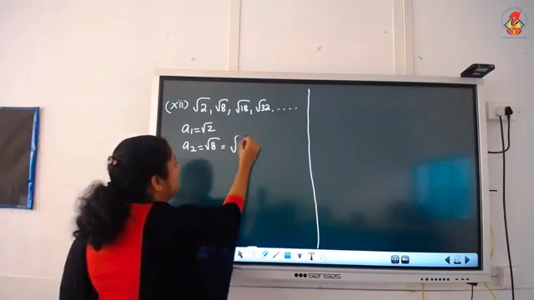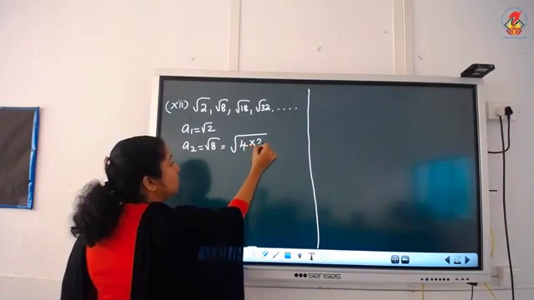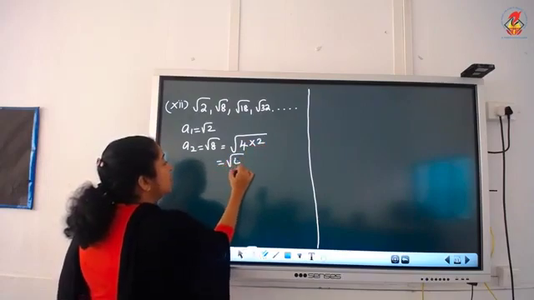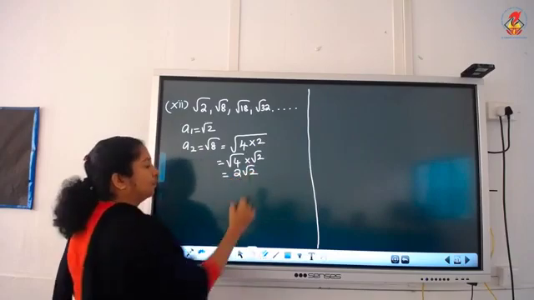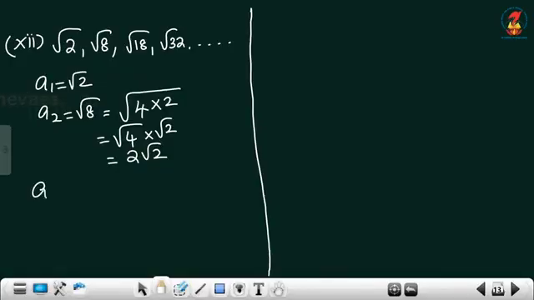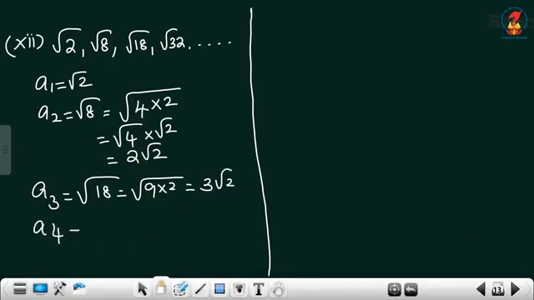So, you can split like this, 4 into 2, which you can write as root 4 into root 2. So, it is 2 root 2. A3 is equal to root 18, which you can write as root of 9 into 2. So, 3 root 2. Similarly, A4 is equal to 4 root 2.